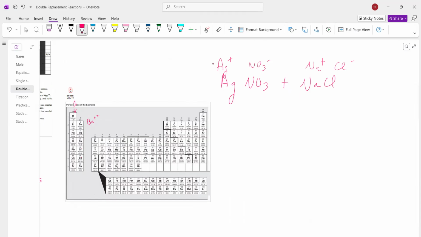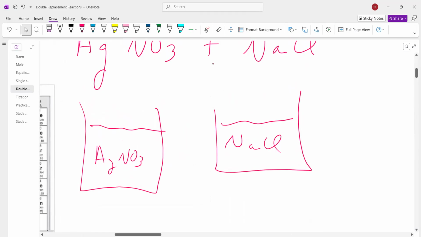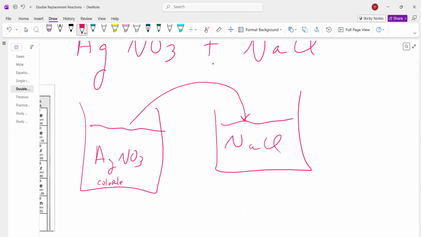So if we have a beaker of silver nitrate, and we have a beaker full of sodium chloride, and we pour this into that, does anything happen? On the left here, this is colorless. And so is this.